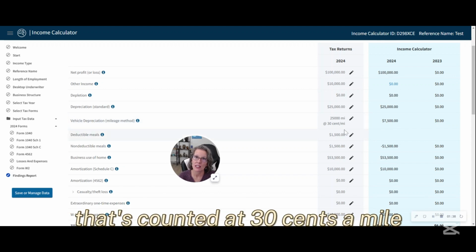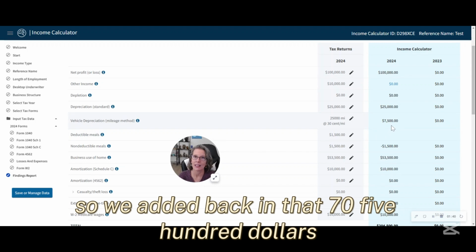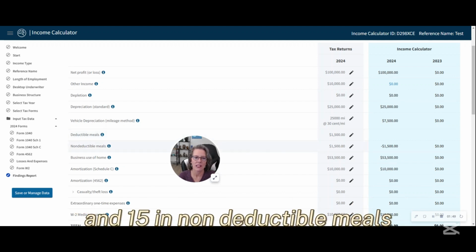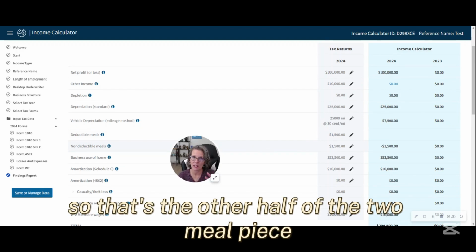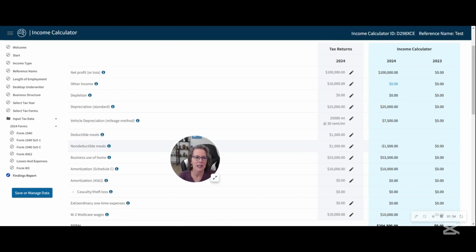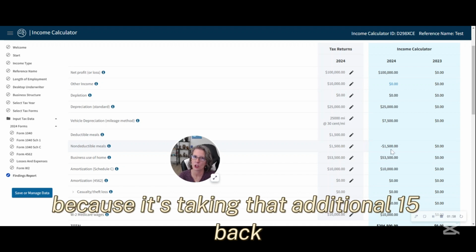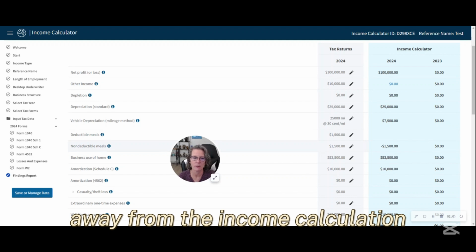That's counted at 30 cents a mile. So we added back in that $7,500. I also put down that we had $1,500 in deductible meals and $1,500 in non-deductible meals. So that's the other half of the 2-meal piece. And you can see this shows as a negative because it's taking that additional $1,500 back away from the income calculation.